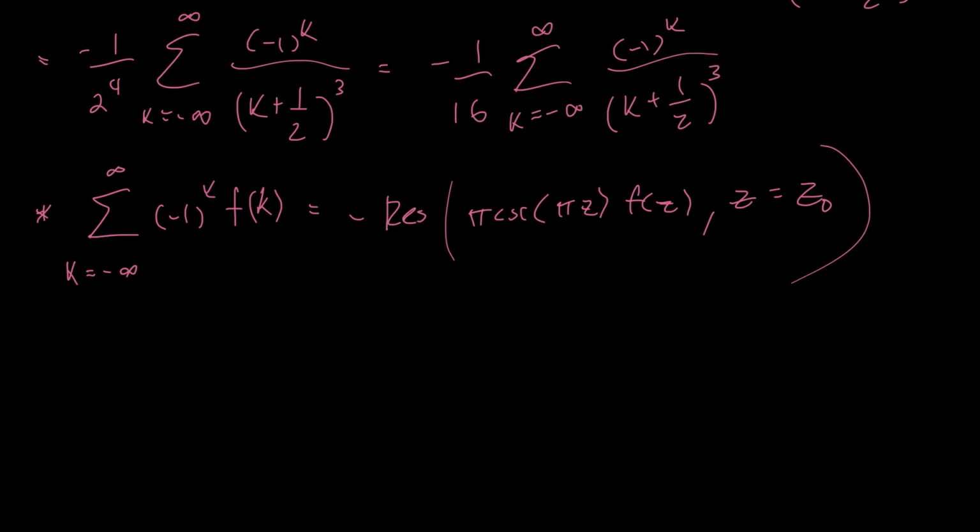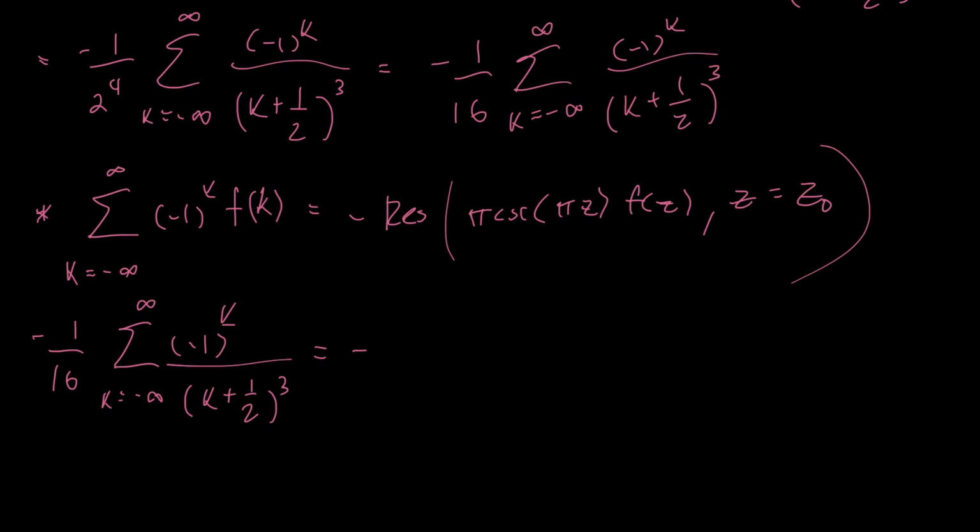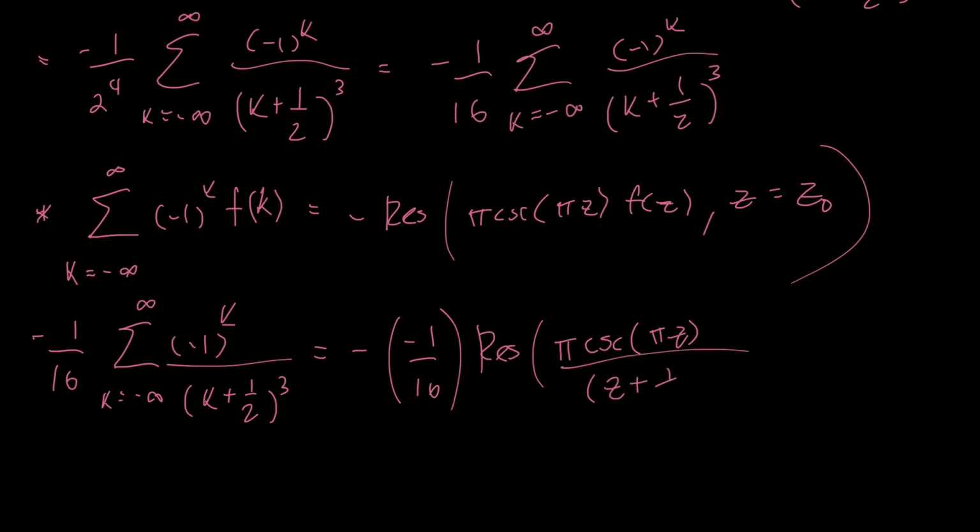So applying this to our sum, we're going to have negative 1 over 16 sum from minus infinity to infinity of (-1)^k divided by (k+1/2)^3 is going to equal negative times minus 1 over 16, and then we're going to have the residue of pi cosecant of pi z divided by (z+1/2)^3 at z equals minus a half.